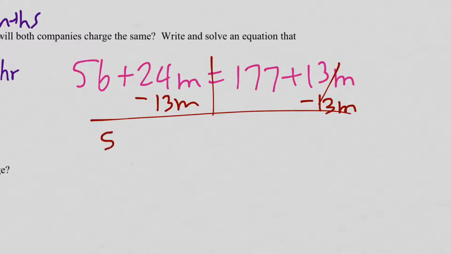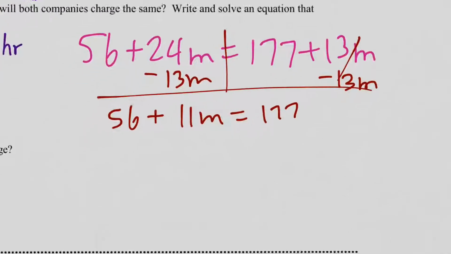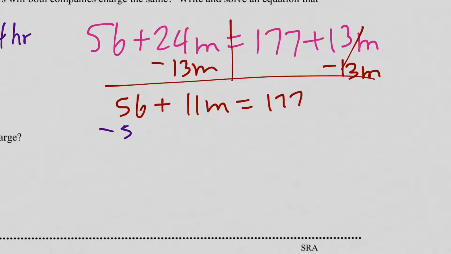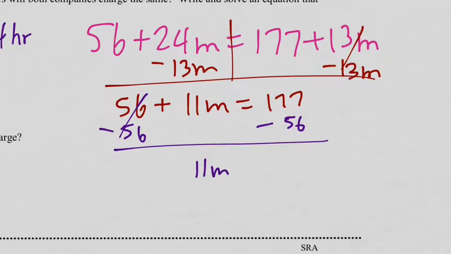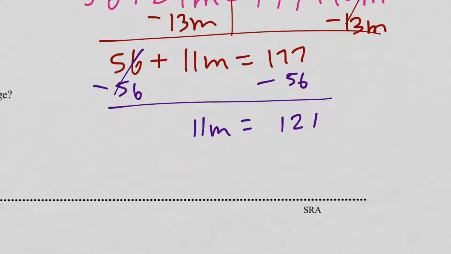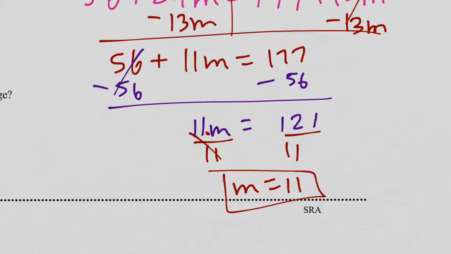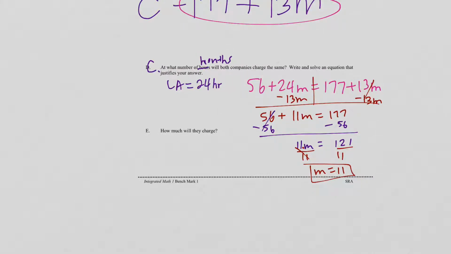And I end up getting 56 plus 11M equals 177. Subtract 56 from both sides of my equation, and I get 11M is equal to 121. The opposite of multiplying by 11 is to divide by 11, so I end up getting M equals 11 because 121 divided by 11 is 11.